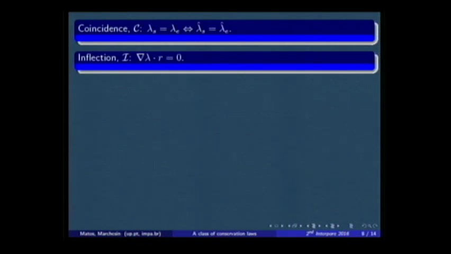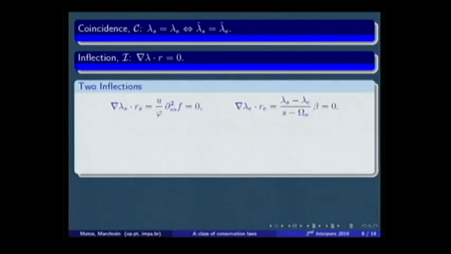Now, let's take a look about the inflection. The inflection is the place where the gradient of lambda is perpendicular to the eigenvector. Well, in the first case of lambda s, it becomes just the inflection points of the f.